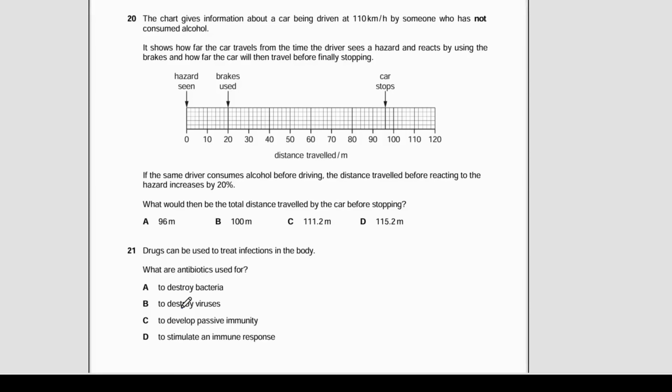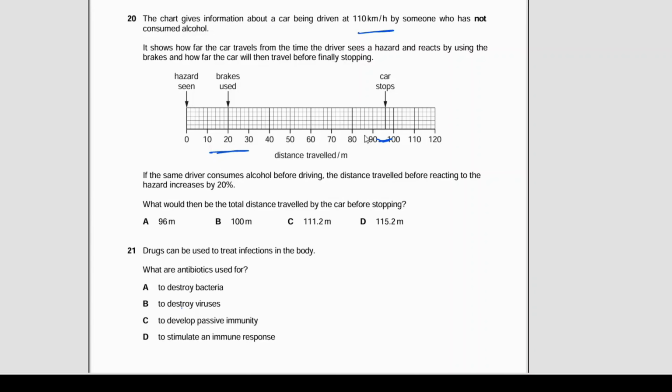Okay. Yes, answer is B. So let's figure out. Wait, what is... Am I missing something? Has it seen at 20 and brake used were at 20 seconds? Okay, sorry. We don't have to use this one. We have to use this information.